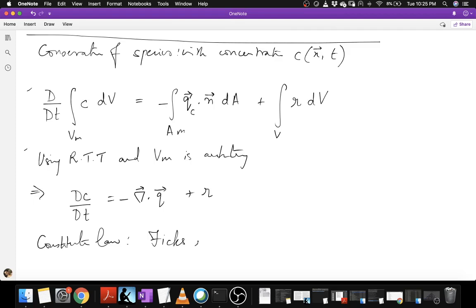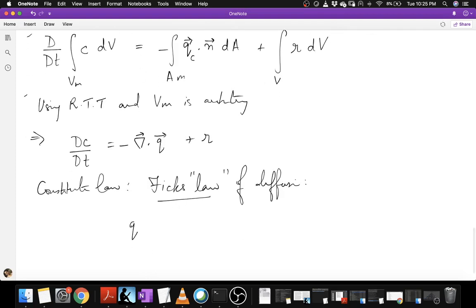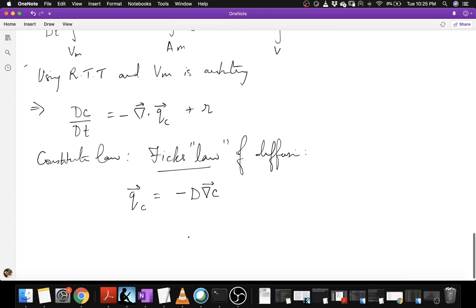So yeah, here we have again Fick's law. I would put in quotes because it's just a constitutive equation, which in our terms would be simply that the concentration flux vector, sorry I forgot the subscript C, is given, so basically the flux of concentration at every point occurs down gradient, so from high concentration regions to low concentration regions, and then we have a diffusivity of the species in front of it.